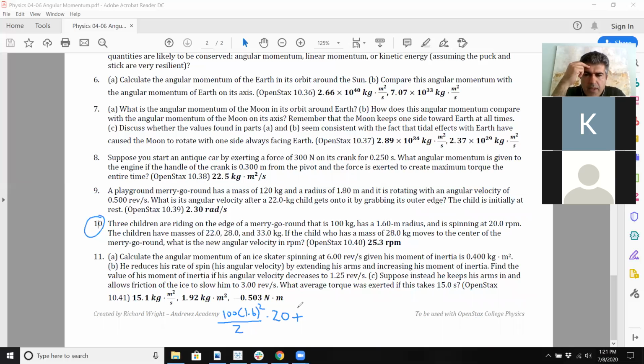So wait one sec. No, the only thing that's multiplied by 1/2 is the 100. So it's 1/2 times 100 plus 22 plus 28 plus 33, times 20. Oh, I got you, because of the 1/2. So you're doing that.